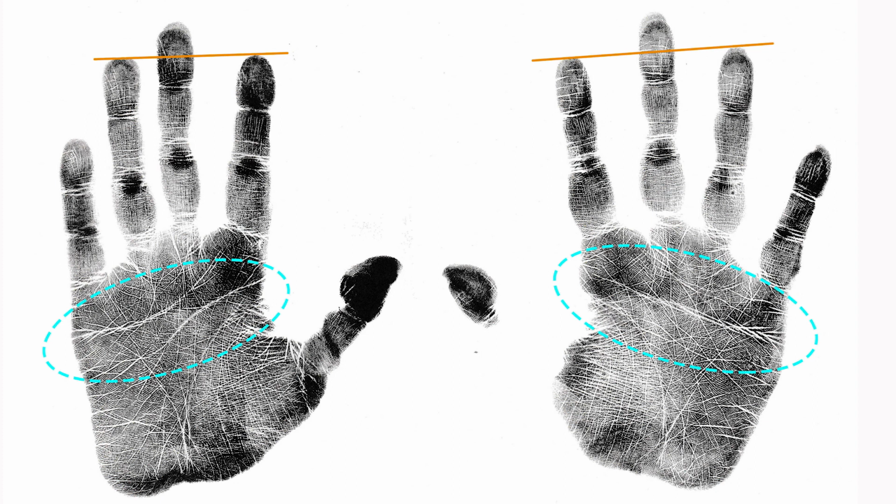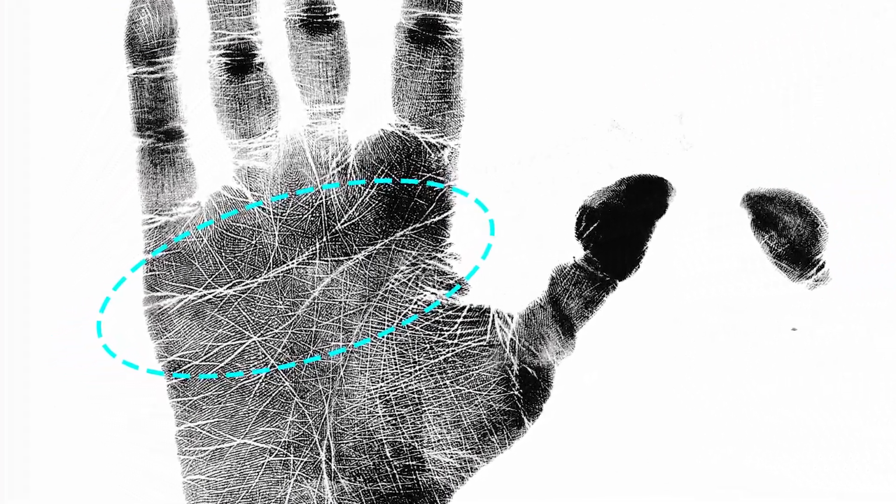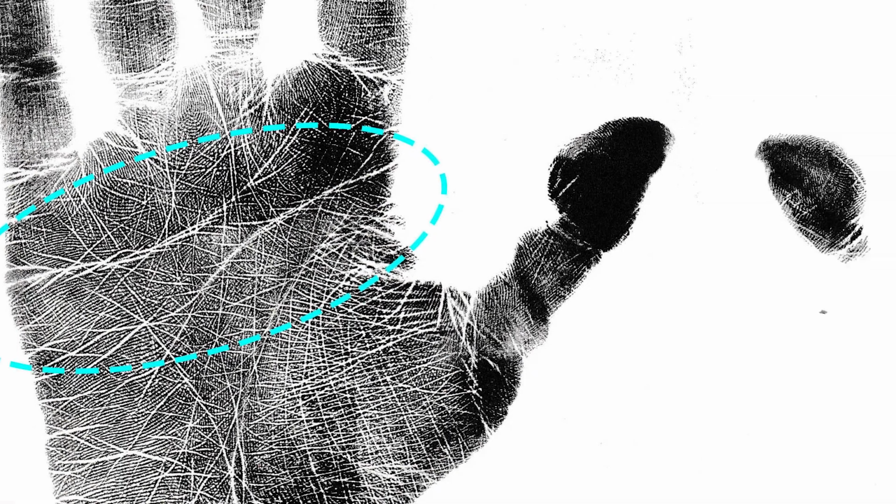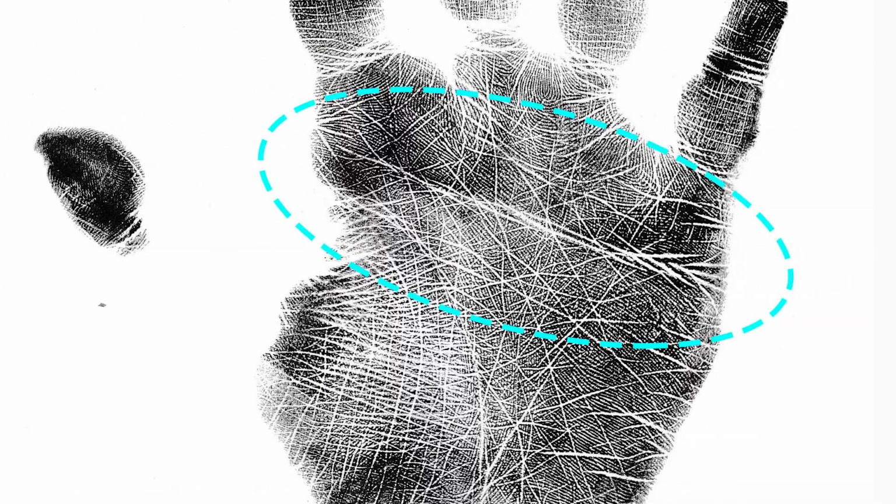Now, if we look at the difference between the right and the left hand in terms of the lines, on the left hand, the outer hand, we can see a curved heart line and then the headline, which is the typical way to have it. However, on the inner hand, we've got this simian line, this merging of both lines.